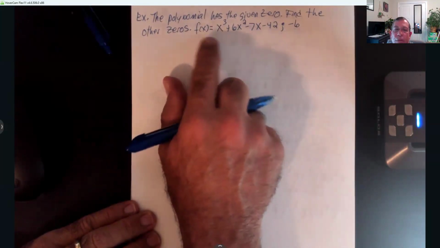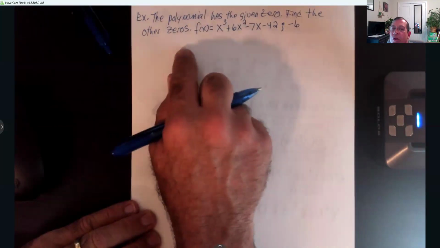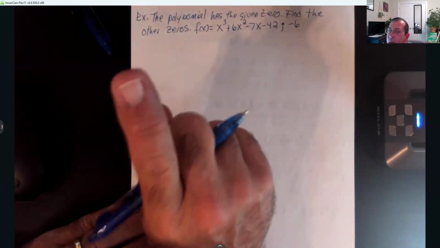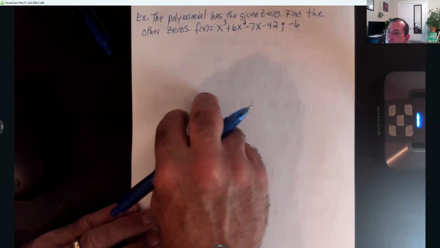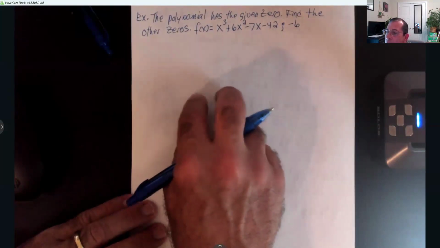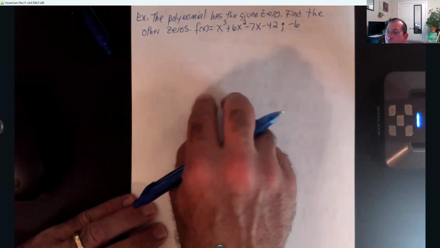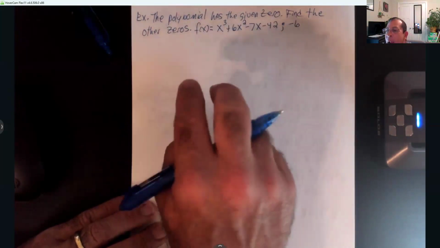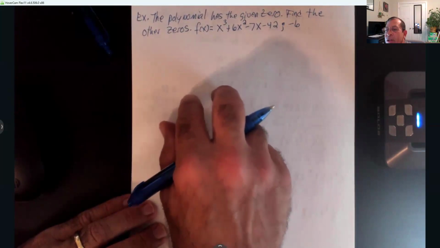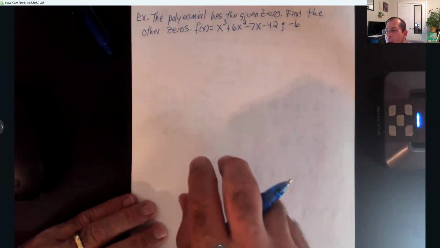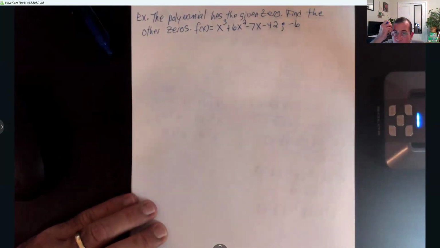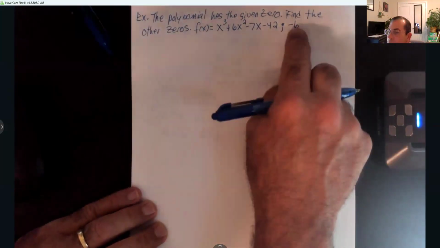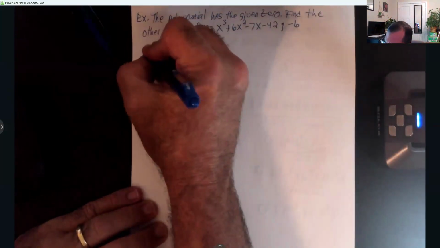Okay, so if you start with an x to the 3rd, you do synthetic division once, and then to find the last two zeros, we're going to use the quadratic formula or the square root or something like that. Now, if I started with an x to the 4, I would have to do synthetic division twice before I could do the quadratic stuff, okay? So watch this. We're going to divide out the negative 6 first.